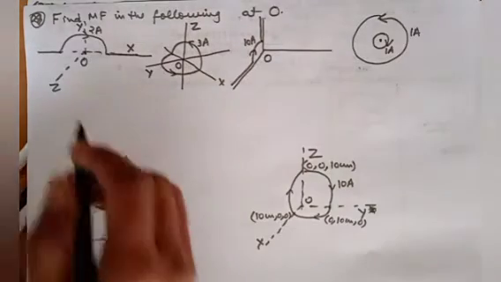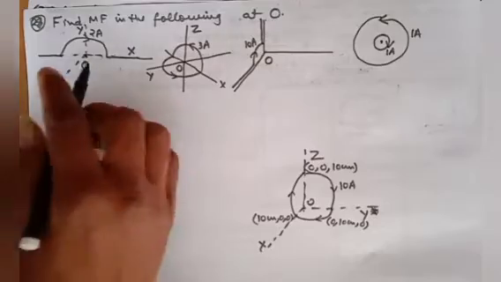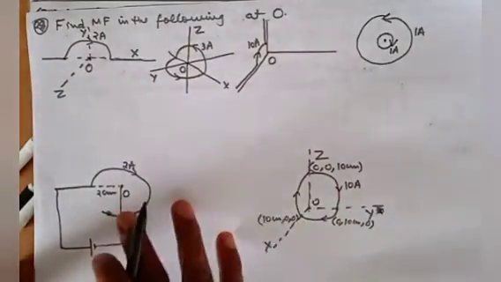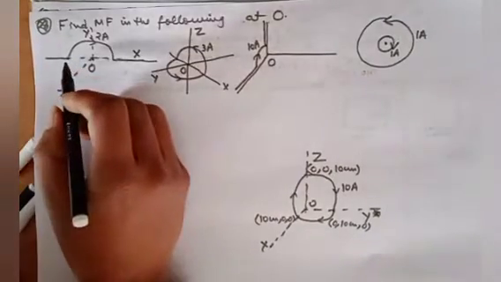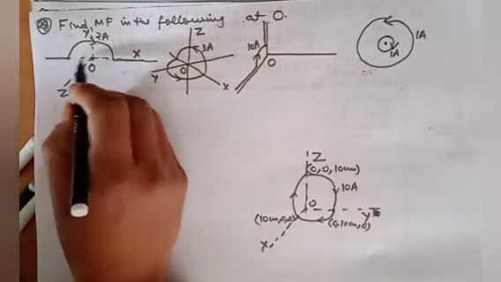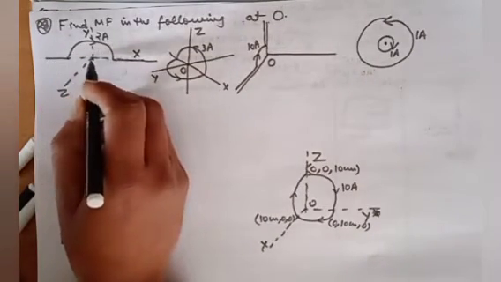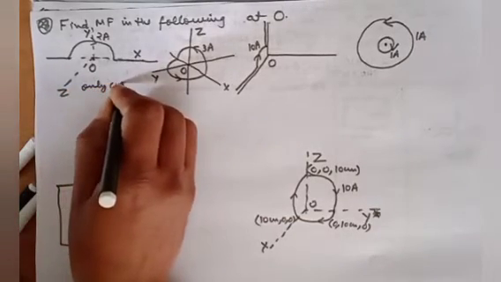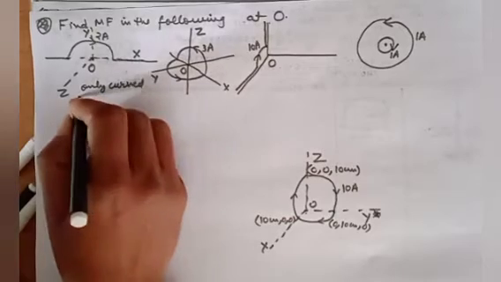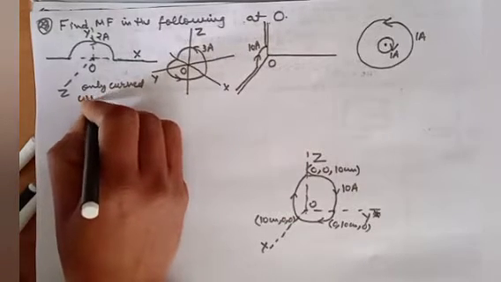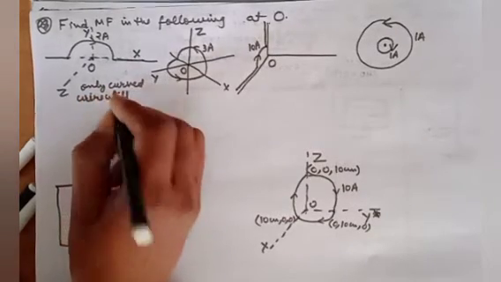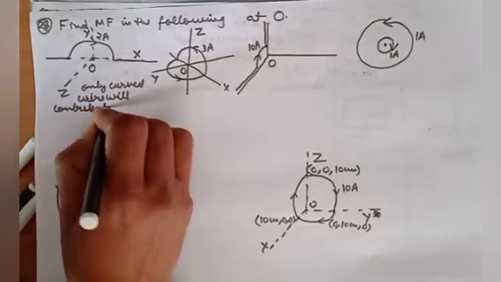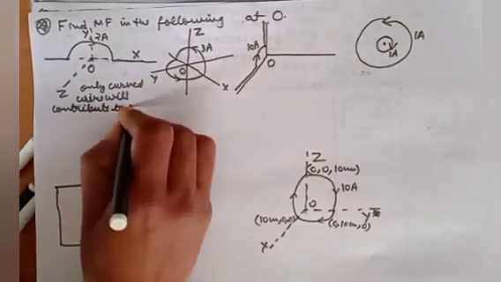So here what will happen, actually the straight part would not be able to contribute any magnetic field at O. As this element is along the axis of wire, only the curved wire will contribute to magnetic field.